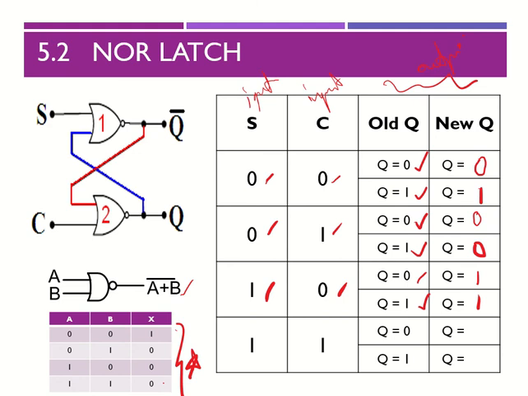So let's have a situation of next is going to be 1 1. So you're going to have a 1 1 over here, and your q is 0.